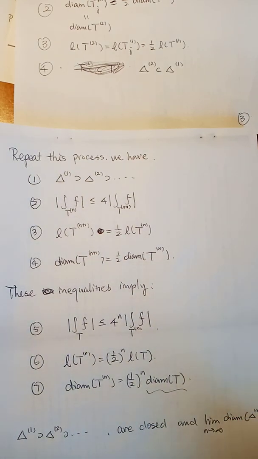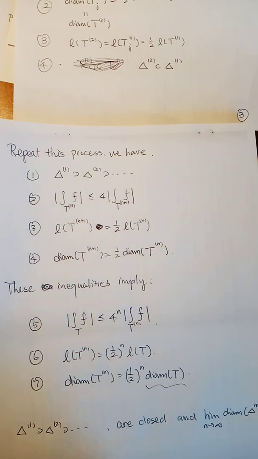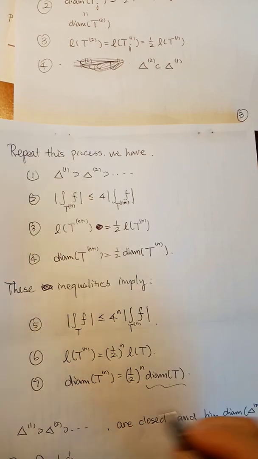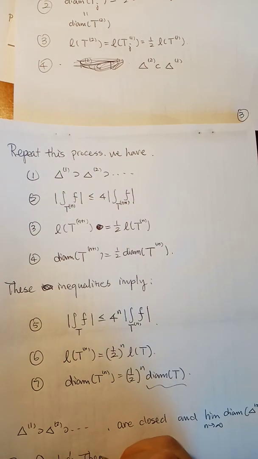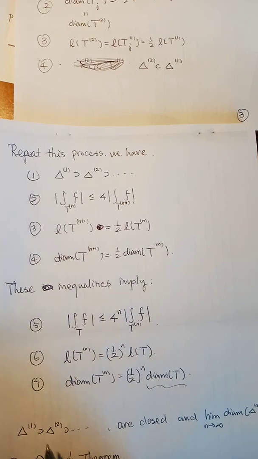You have 1/2 to the nth power, so this limit is 0. Then by the Cantor theorem, what is the Cantor theorem? Cantor theorem means you have a chain of closed regions, one is contained in the preceding one.